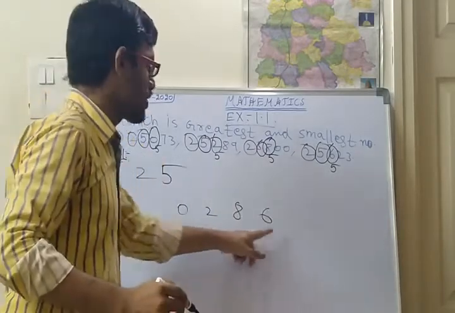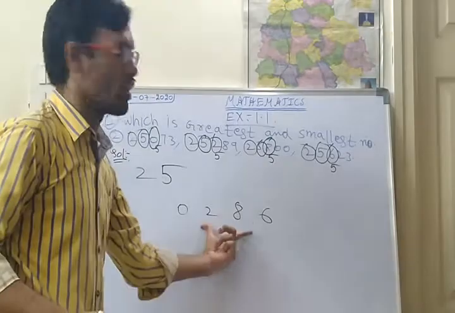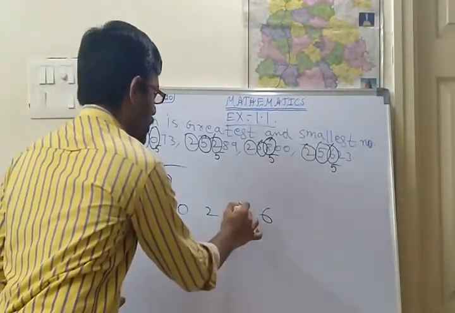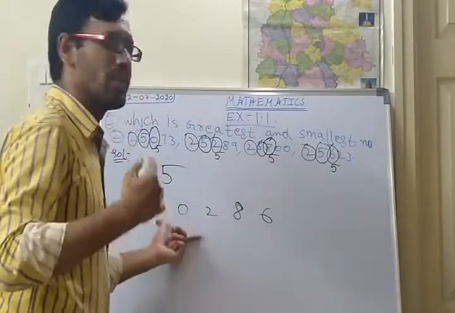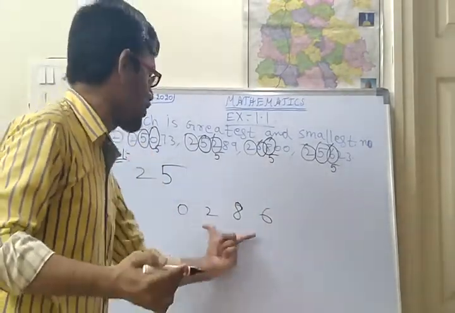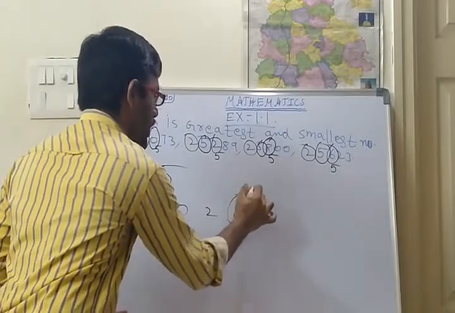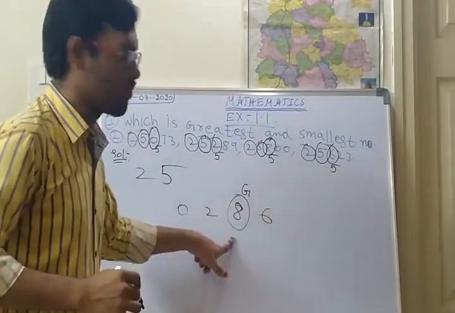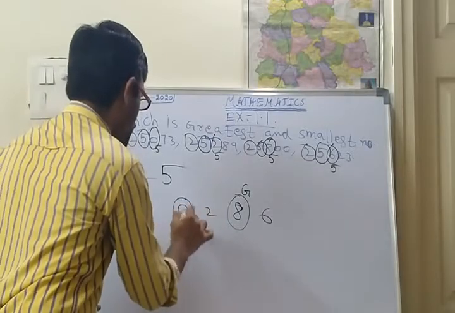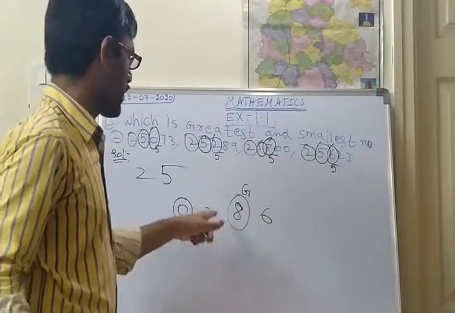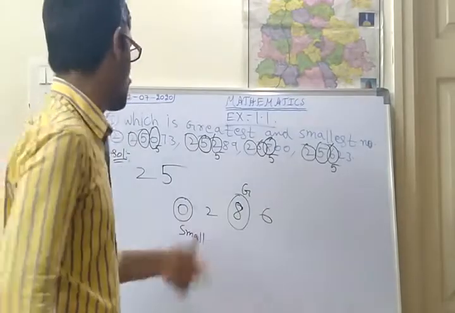All the digits are different. So we can easily say which is the greatest number out of these 4 numbers. 8 is the greatest. Which is the smallest number? Here 0 is the smallest number. 2 and 6 are neither greatest nor smallest.